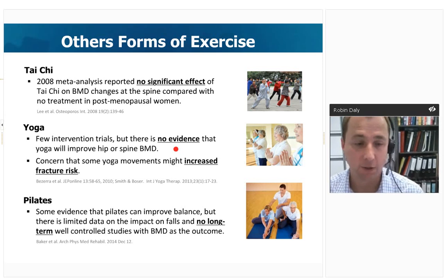Anywhere there's forward flexion where you're leaning forward, just be a little bit careful, because some people who have low vertebral or spine bone density can increase their risk of having a fracture when leaning forward. So again, just be a little bit wary with that type of activity, but generally they're good for functional outcomes, but not so much bone density.